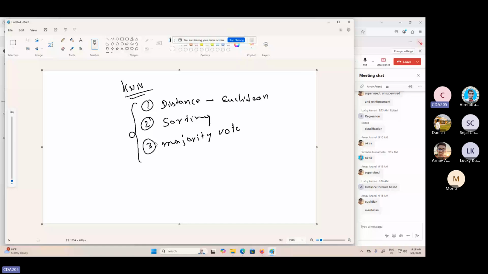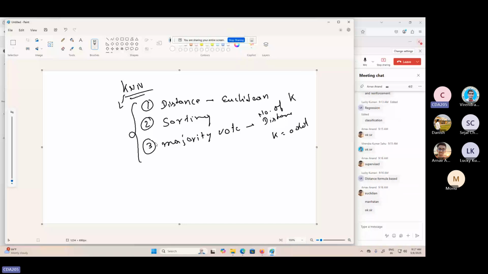What is K? K is the number of distances calculated for the majority vote. K will always be odd, do not take even.